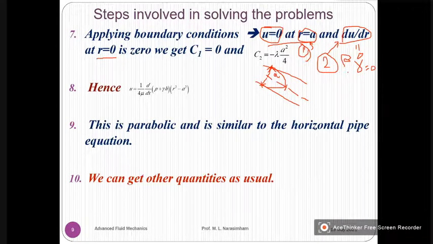At r equal to 0, if you substitute, you will get C1 equal to 0.